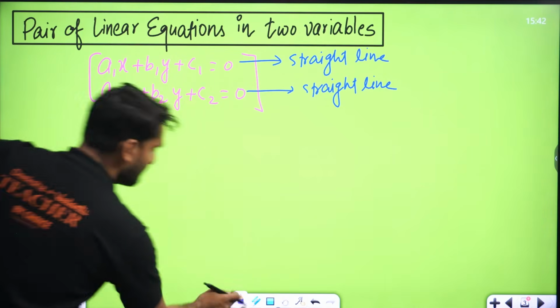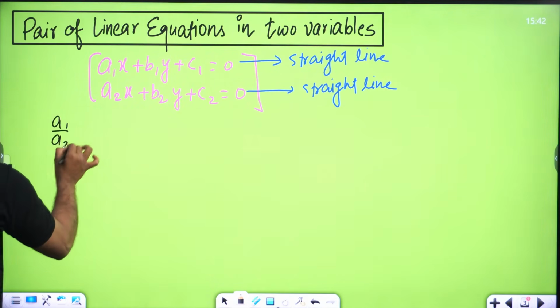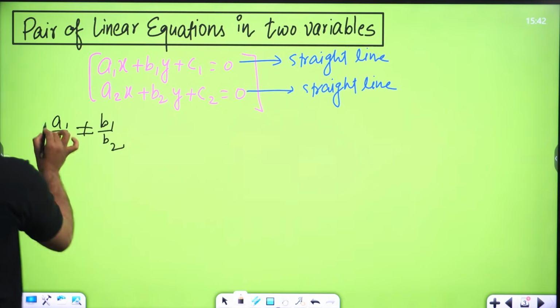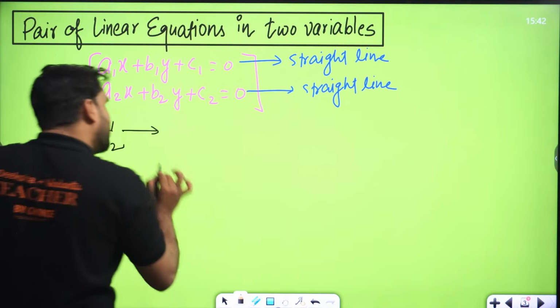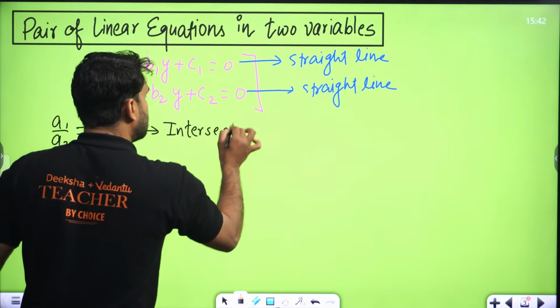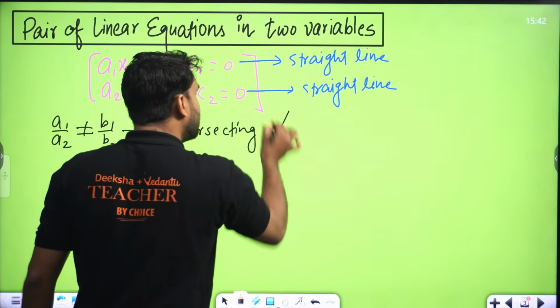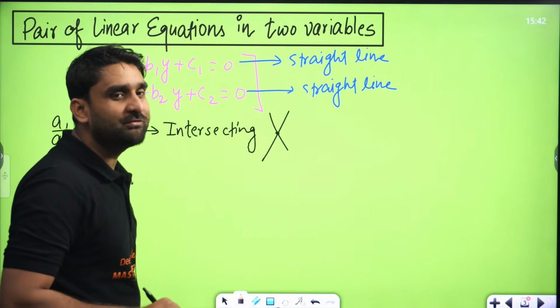If you compare, my dear, if a1 by a2 is not equal to b1 by b2, if this condition comes up, it means that the lines will be intersecting. And if the lines are intersecting, how many solutions will there be?